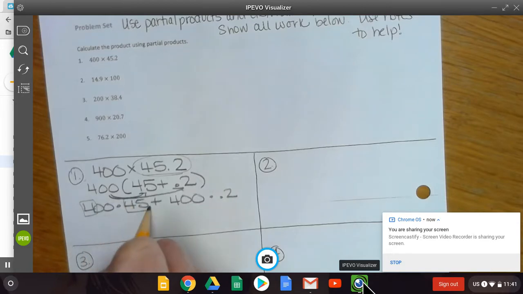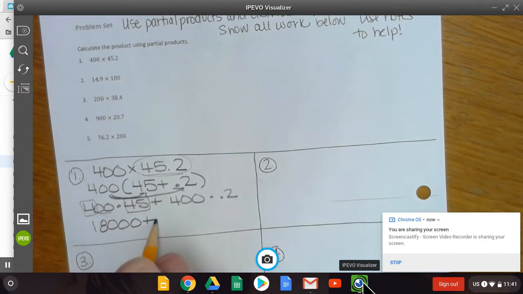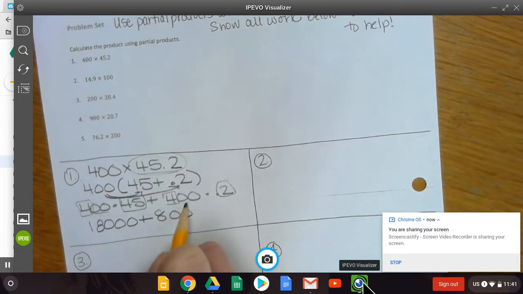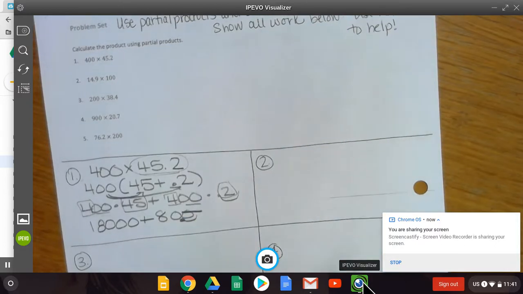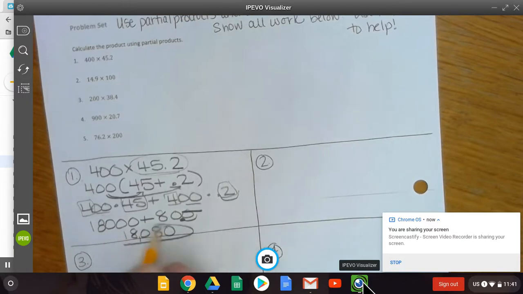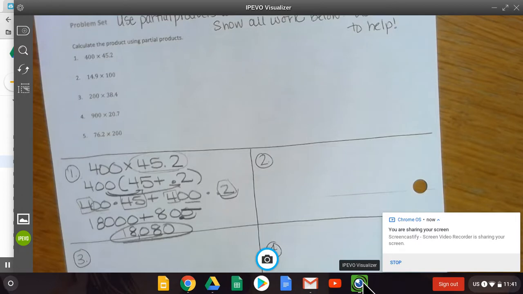Now, 4 times 45 gives me 180 plus 2 zeros. 4 times 2 gives me 8, 2 zeros. Move the decimal 1 place over in this number. Cross that out. So you have 18,000 plus 80, which is pretty easy. 18,080.